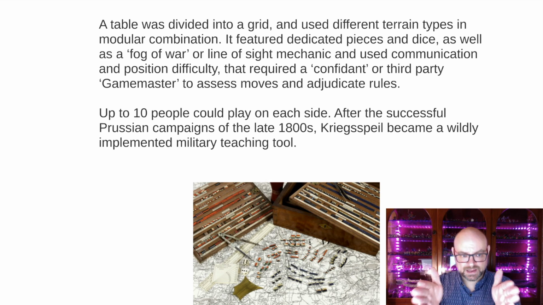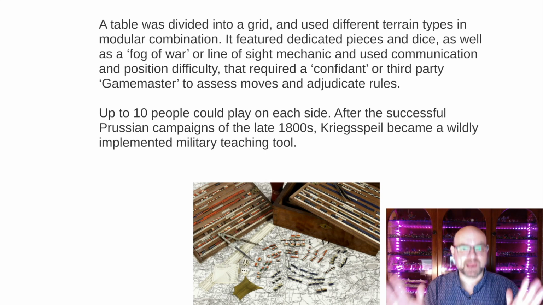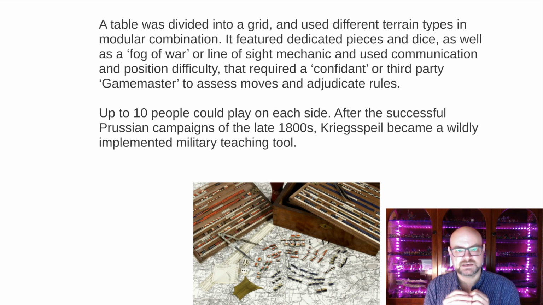So you might have two players against each other, and there would be a third player who would adjudicate the combat and the systems. And the bigger games could accommodate up to 10 people on each side. So these were very serious, strategically played sessions that were a great military teaching tool.